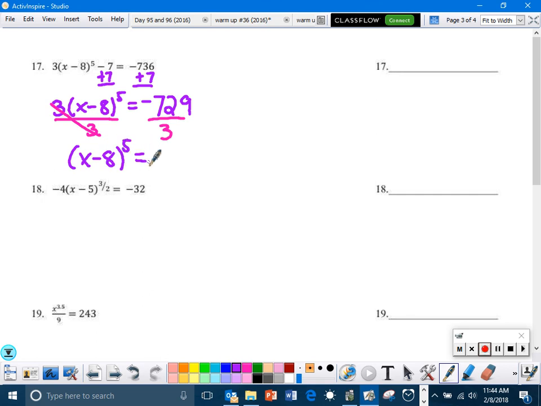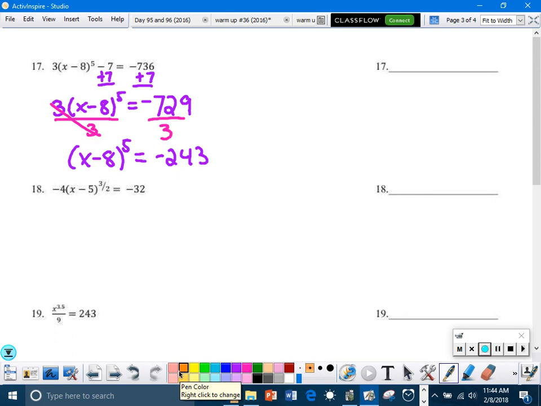And negative 729 divided by 3 is negative 243. You should not get a decimal, because I made all of these so that they turned out nice.